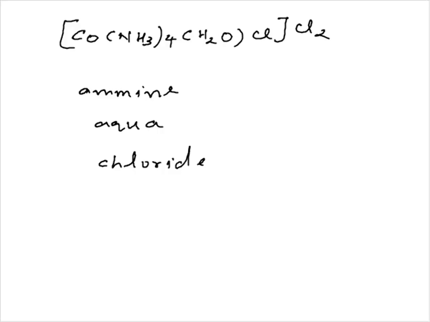Alphabetical order: A comes before C. So tetraammine, then aqua, then chlorido, then cobalt, then 3, chloride. That's right.